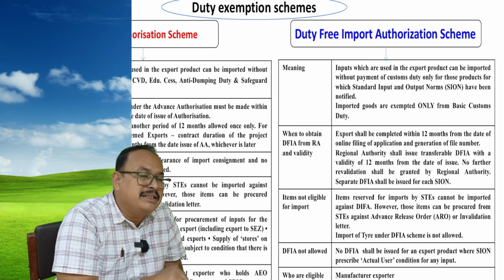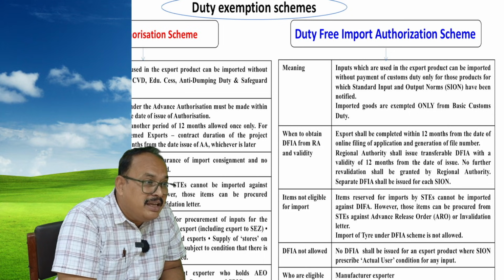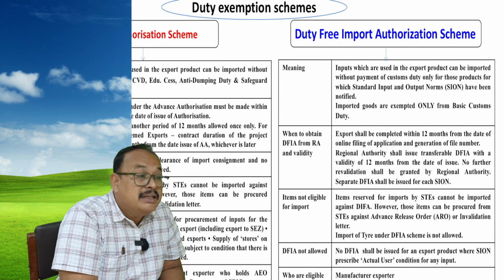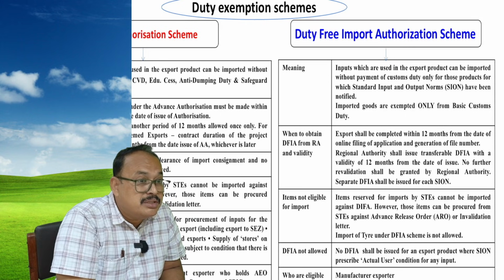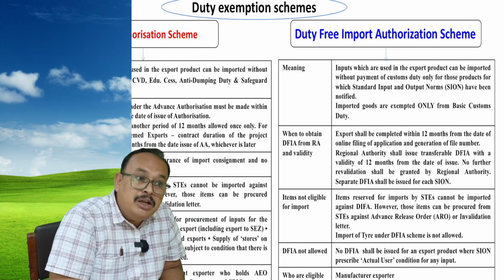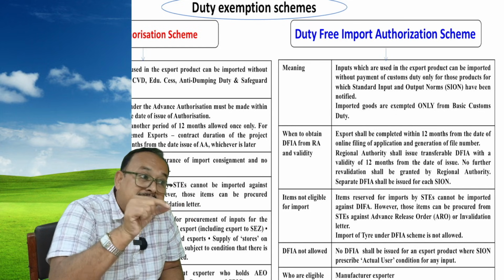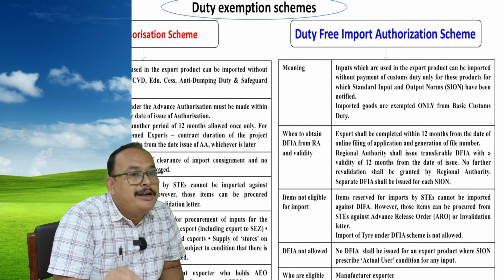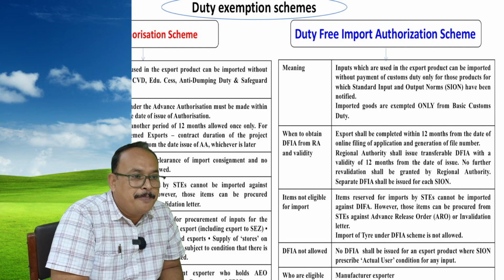And one more condition. When I get the DFIA license, that can be adjusted tomorrow when I import the goods without payment of BCD, only A, B, C, D if I import. It is called SION, Standard Input Output Norms.